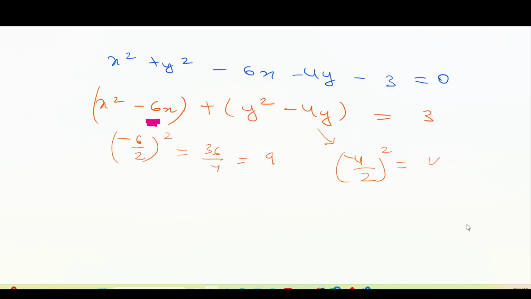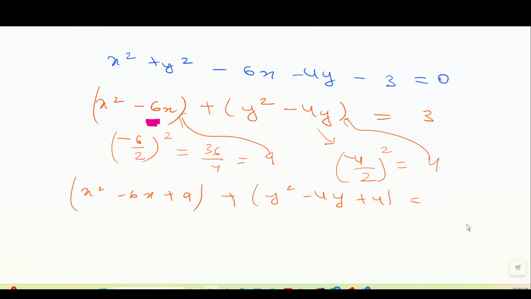So these are the two numbers which we need to add. 9 we will add here and 4 will go here. So I will write x square minus 6x plus 9, plus y square minus 4y plus 4. And we need to add the same numbers, this 9 and this 4, on this side, okay.